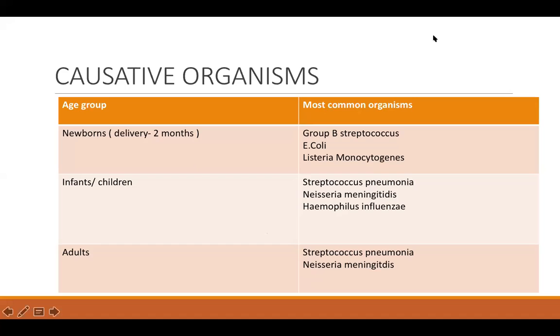Whereas in newborns, group B Streptococcus and E. coli are usually residents of the GI tract and the vagina. So when the baby is passing through the birth canal, there's risk of colonization of the baby. And also there is the risk through the amniotic fluid if there is rupture of the membranes. So that's one cause.